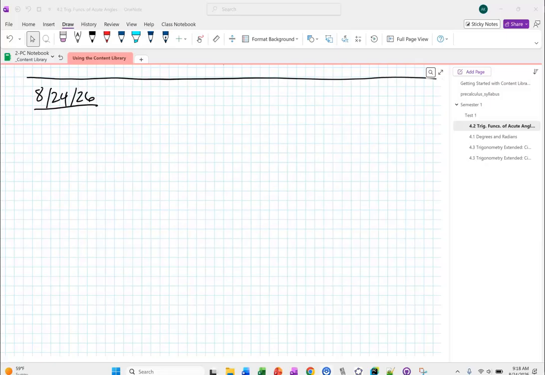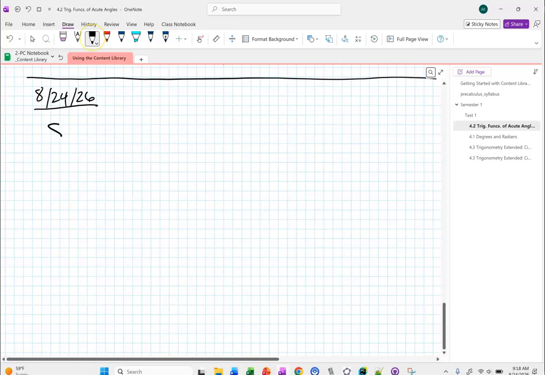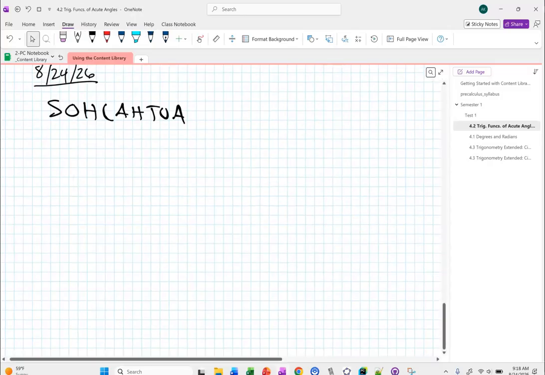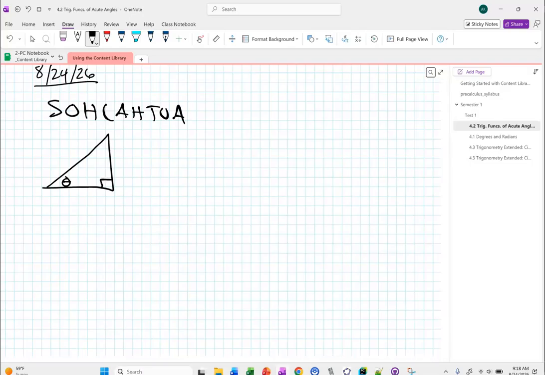Okay. So last time we talked about using a right triangle and the side lengths to write our ratios for sine, cosine, tangent, etc., right? You guys remember that? Yeah. Just sit tight. So we had SOHCAHTOA basically saying that in a right triangle with this angle theta, we have opposite, we have adjacent, we have hypotenuse.